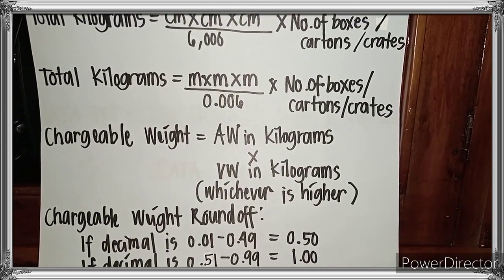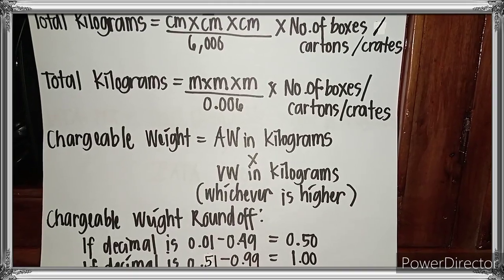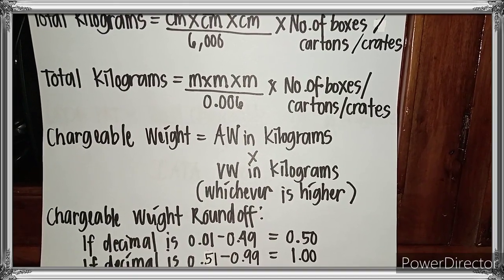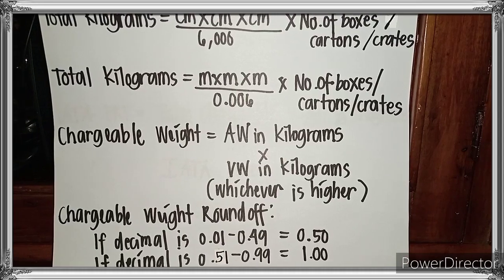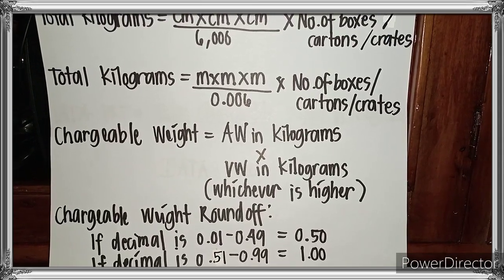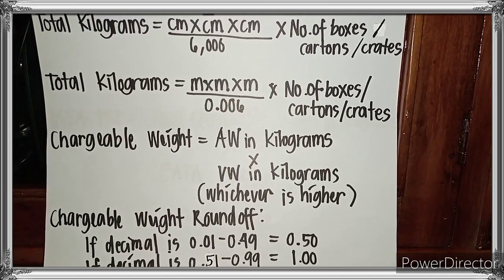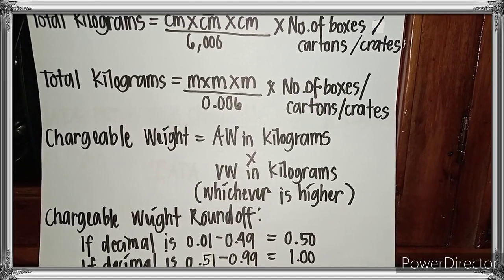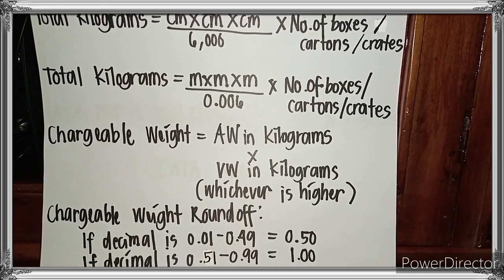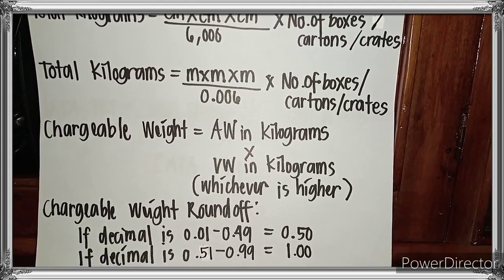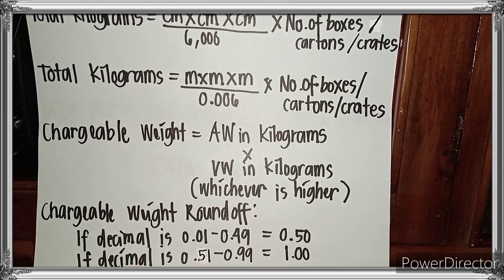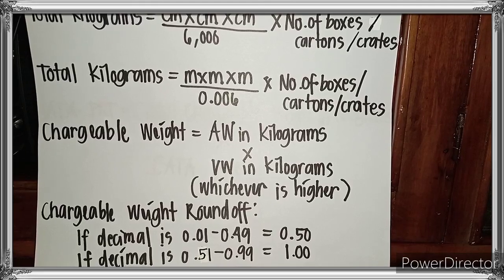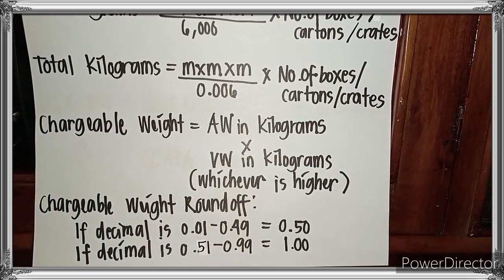So we need to identify whichever is higher between the two. And then for chargeable weight round-off, if the decimal is 0.01 to 0.49, that would be equal to 0.50. Then if the decimal is 0.51 to 0.99, that will be rounded off to 1.